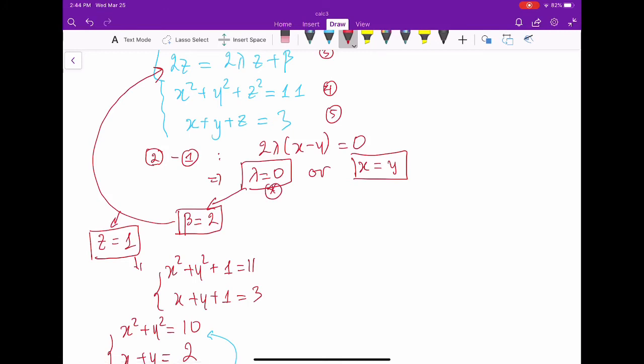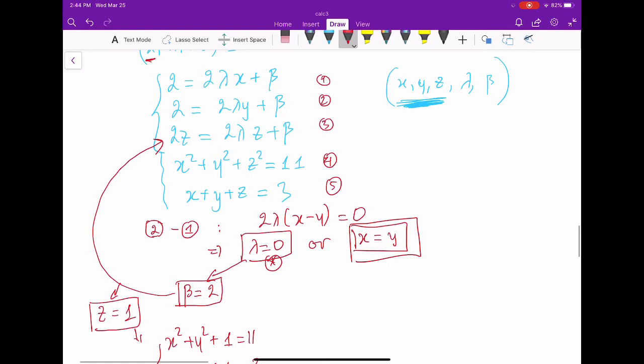For the second case, x equal to y. Means we have to solve the system again with x equal to y.